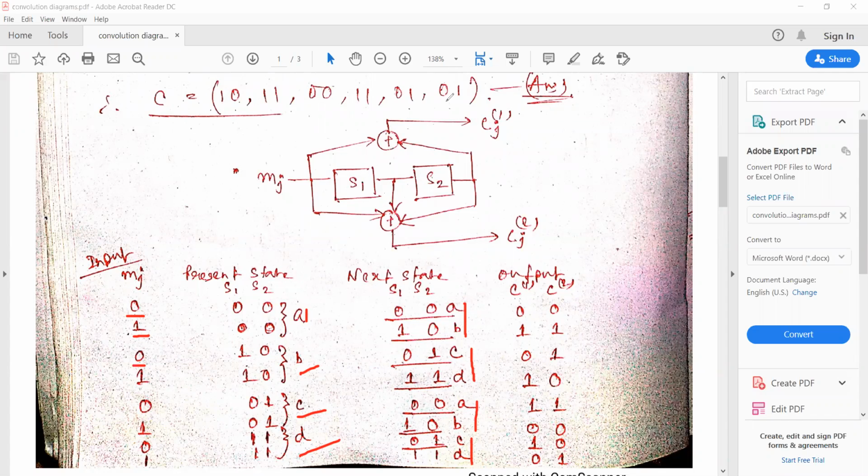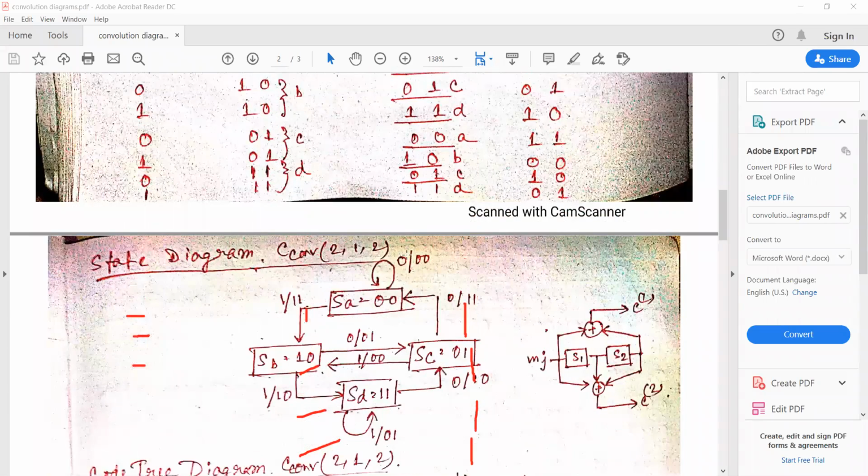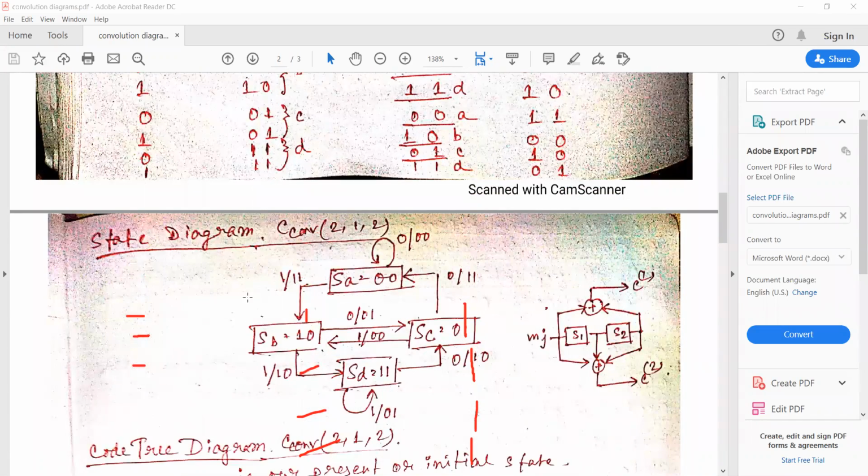Now we will come to the diagram. That means this is my state diagram. Okay.